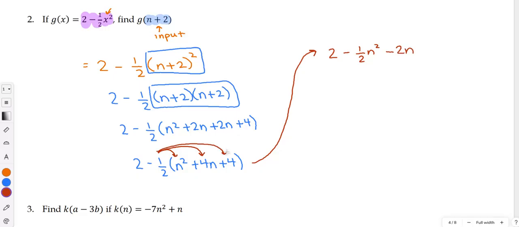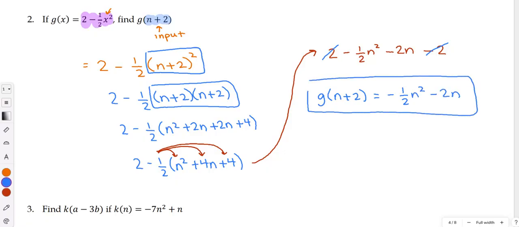Negative 1 half times positive 4, negative 2. Last thing I'm going to do is combine any like terms that I have. These 2's cancel out. So I end up with g of n plus 2 is equivalent to negative 1/2 n squared minus 2n. This is one way of representing your answer.